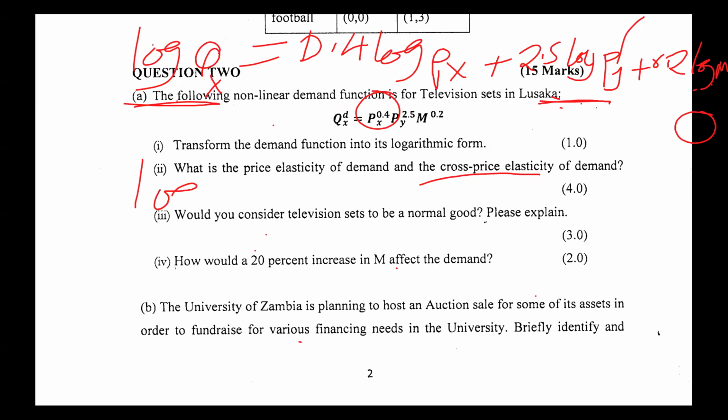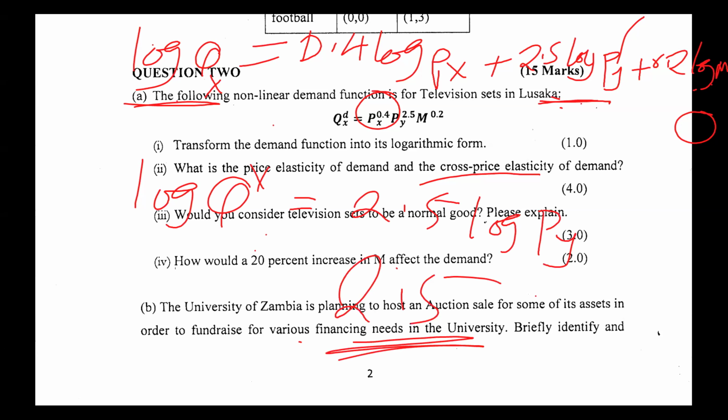So the function that will remain is log Qx equal to 2.5 log Py, of which the coefficient is 2.5. So now, the cross price elasticity of demand is 2.5, and obviously we have already interpreted this.